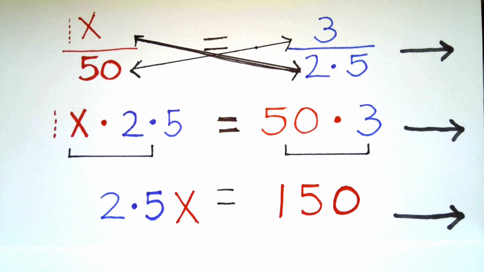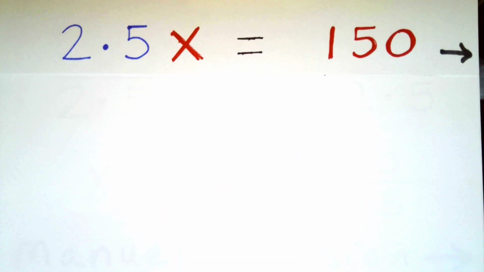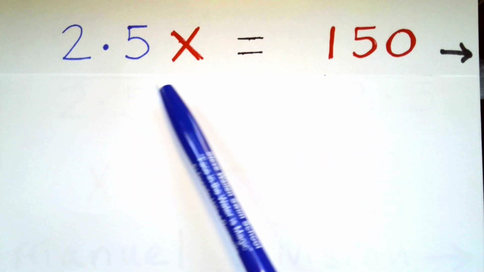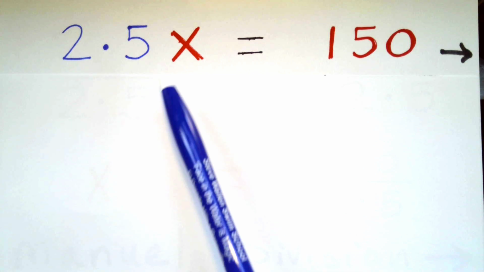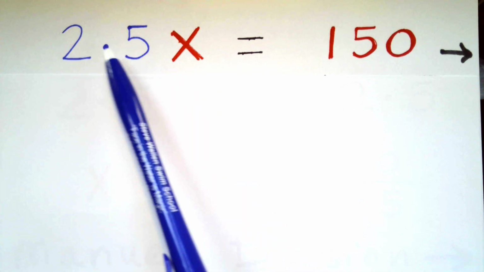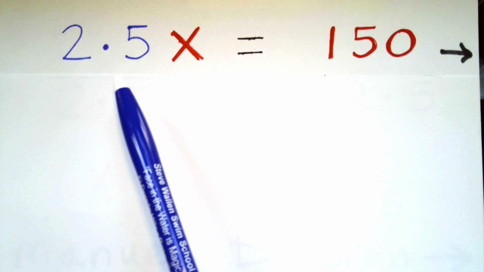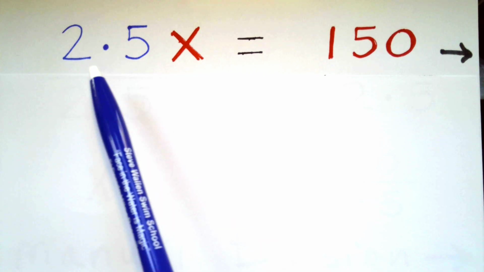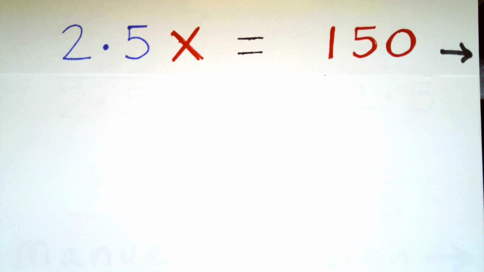There's one step to solve for that x value. All right, so we have 2.5 times x equals 150. I want to get x all by itself. I want to turn that 2.5 into an invisible 1. So what's the opposite of multiplying 2.5 times x, or the inverse?